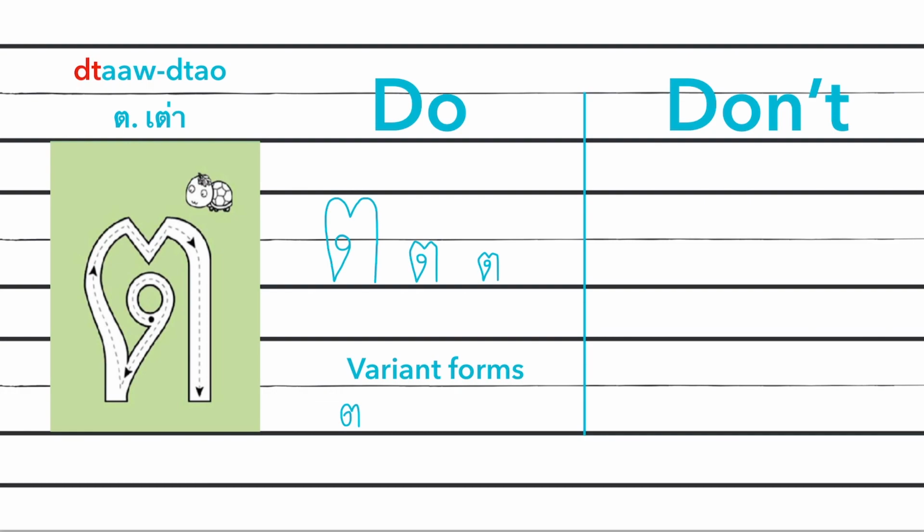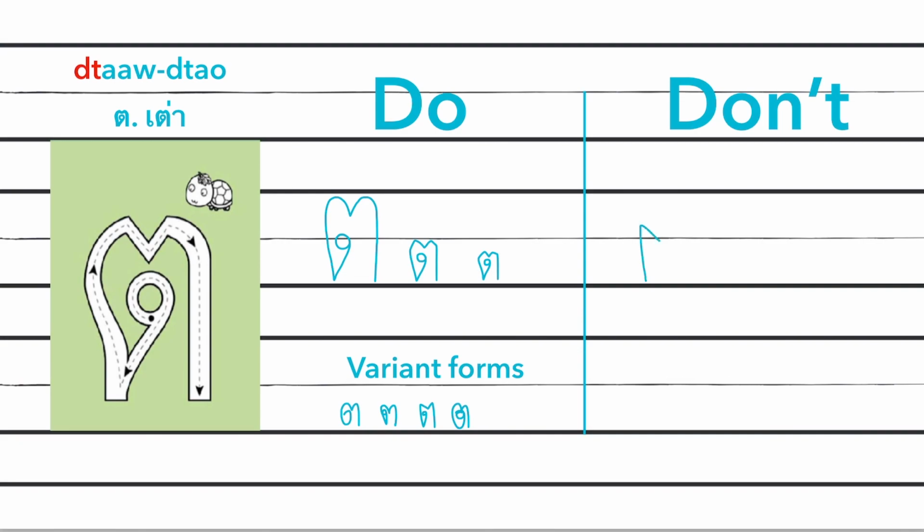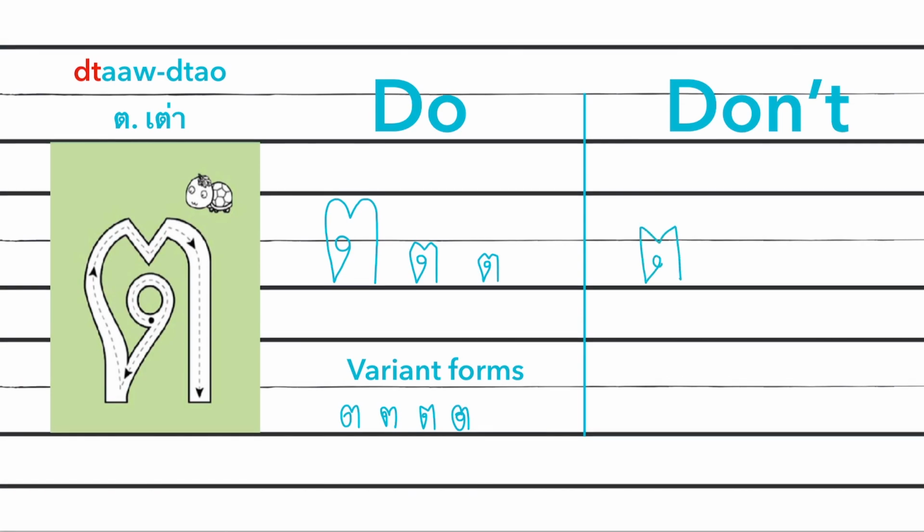Variant forms of ตอเต่า. Always remember the right point to start and head to the right direction and write only one stroke.